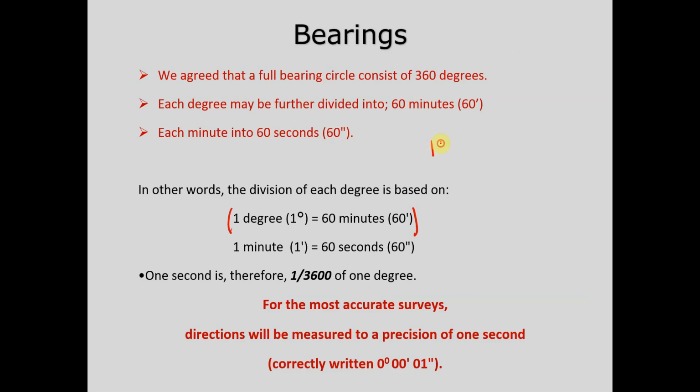So each 1 degree equals 60 minutes. Each 1 minute equals 60 seconds. This gives us 1 degree equals 3,600 seconds. Simple as that.